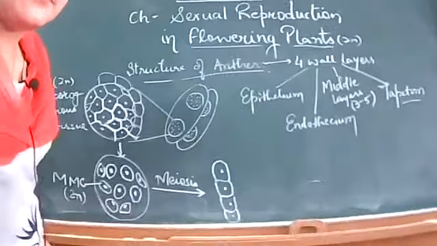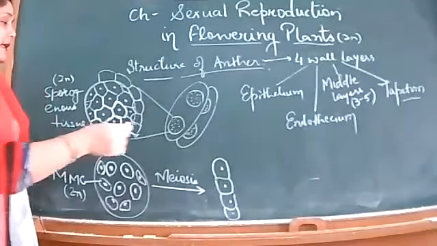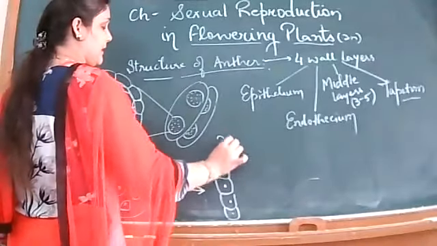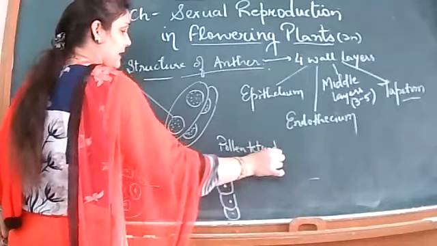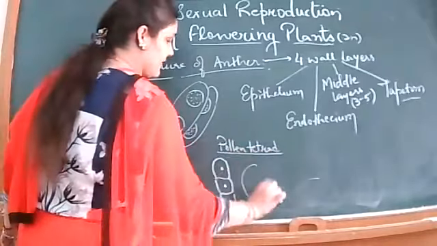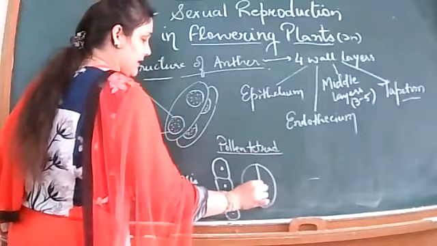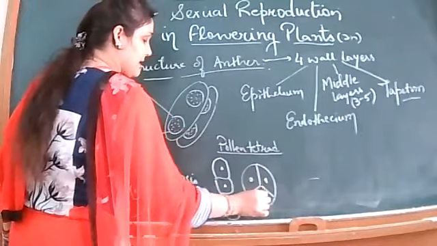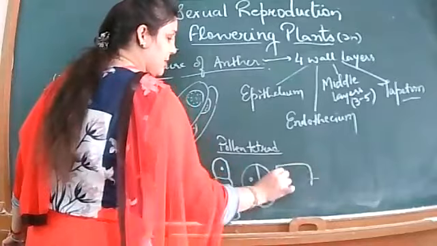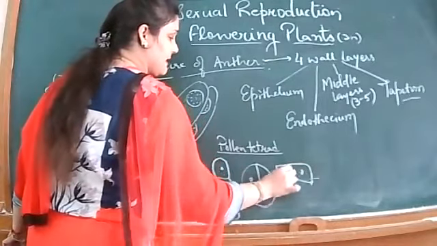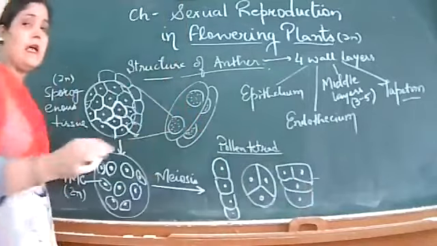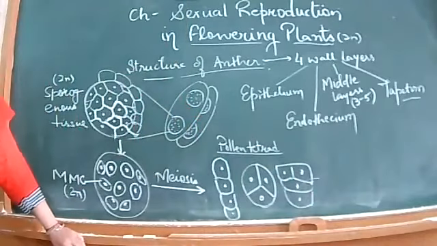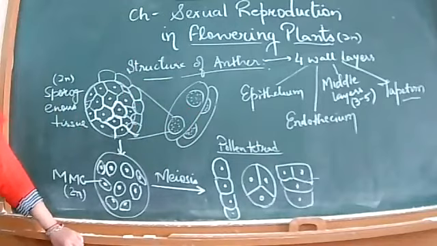Or it can be like this, which is one type of pollen tetrad. It can also form a tetrahedral structure. It can be a tetrahedral pollen tetrad, a decussate arrangement, or a T-shaped arrangement, in which these 2 cells are like this and the further 2 are like this. These are the T-shaped cells. Any of these pollen tetrads can be made, right? So this is after meiosis.